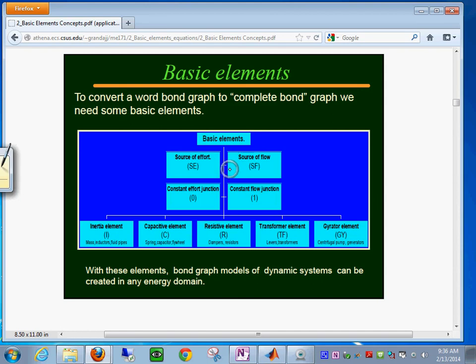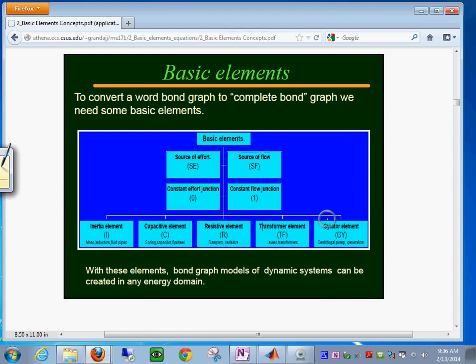You have 2 connectors. Right there is almost half of them. And then you have these 5 elements: 1 element that stores kinetic energy, 1 element that stores potential energy, 1 element that dissipates energy, and 2 elements that transform energy from one way to another.